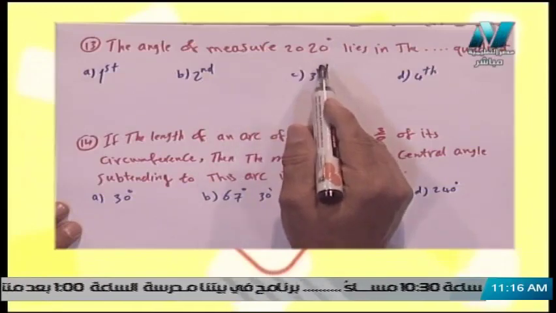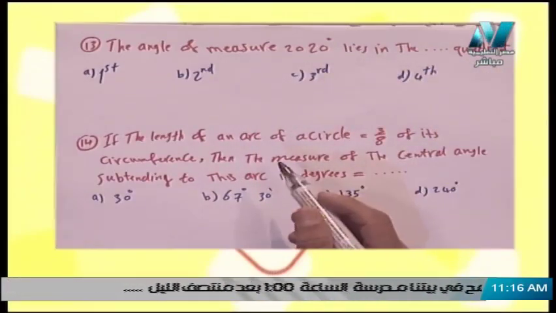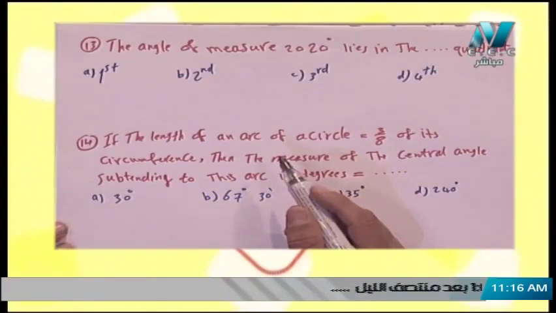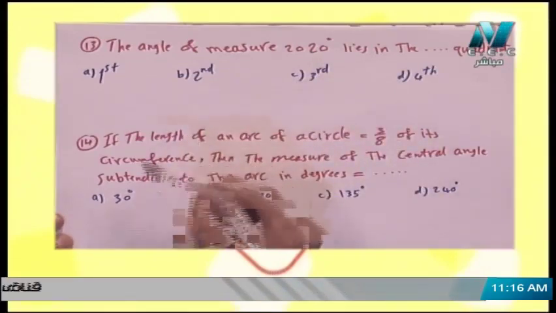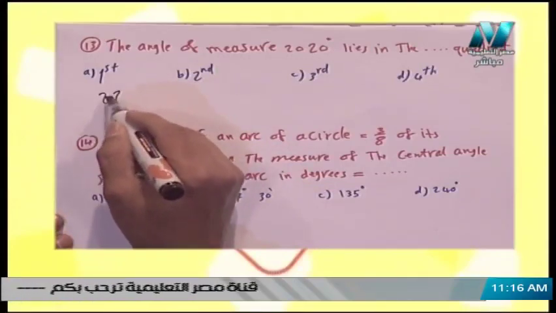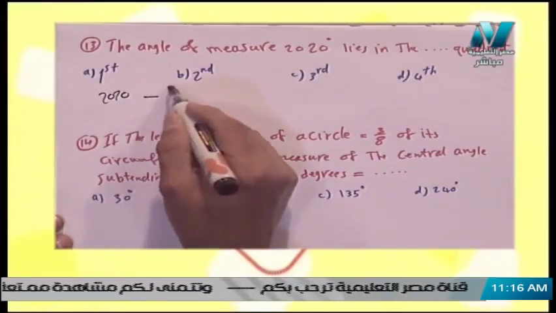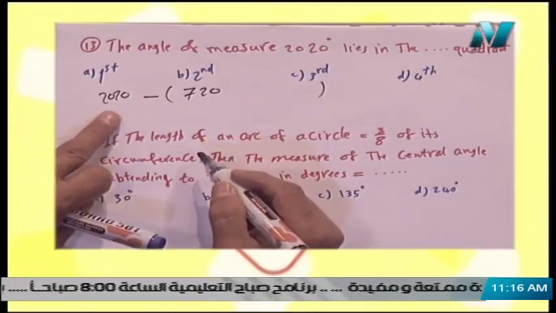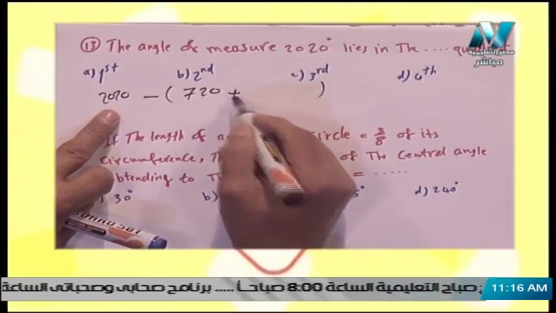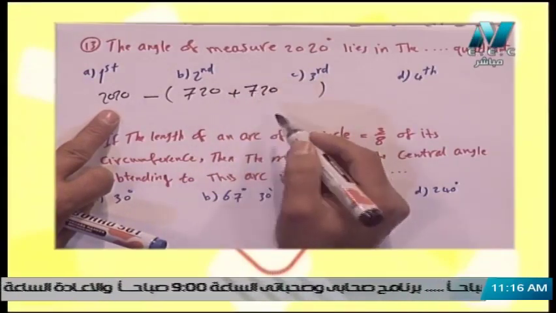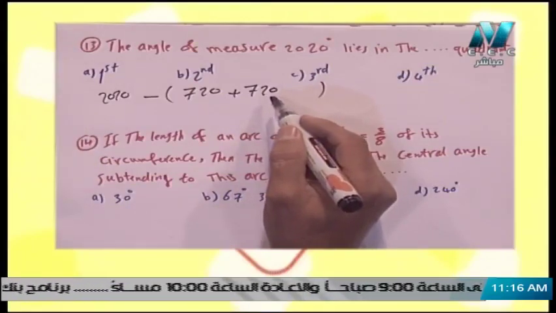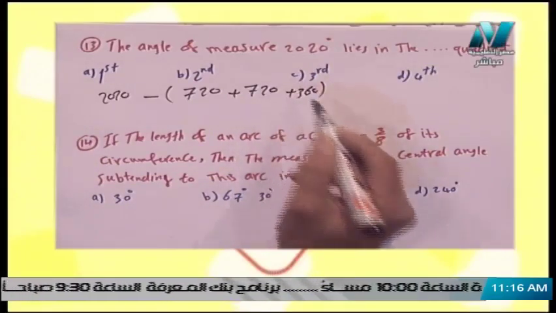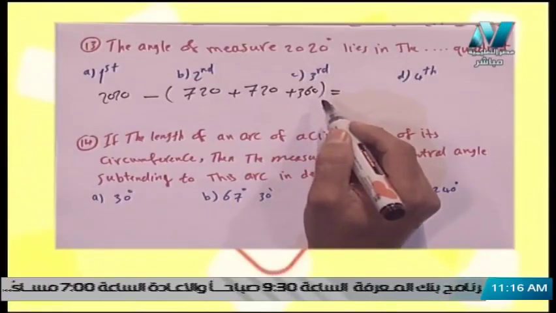We have the question number 13 and 14 here. The angle of measure 2020 lies in the what quadrant? It's a very big angle, in fact, but 2020 here minus 720, because it's big number, and we can minus also 720 and 360 and try to find out the smallest positive angle here.